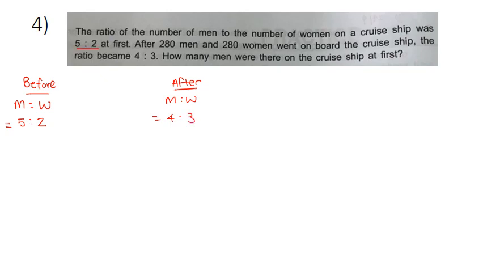Okay, so we've used this first piece of information and another piece of information. How do we then make use of this piece that says 280 men and 280 women went on board? Now you realize that the same number of men and women went on board the cruise ship, which means that if I were to compare the difference between the number of men and women before and the difference between the number of men and women after, it has to be the same.